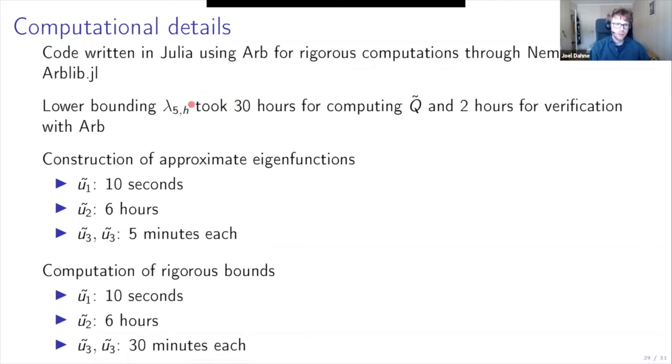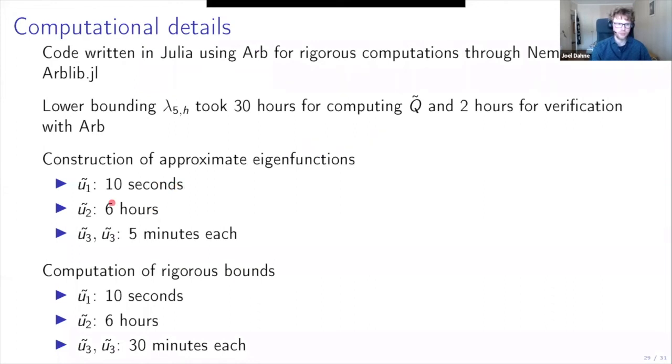The lower bound of lambda 5h was actually the most time-consuming part because the matrix is very big. It took 30 hours to compute the approximation of Q tilde, and it took 2 hours for the verification later on in ARB. Computing the approximate eigenfunctions was only 10 seconds for U1 tilde.